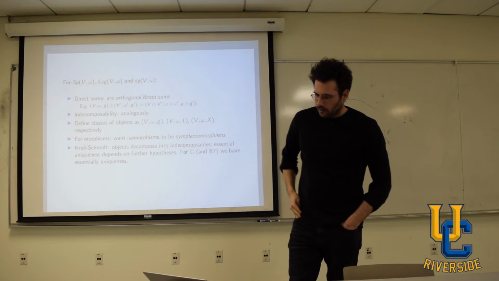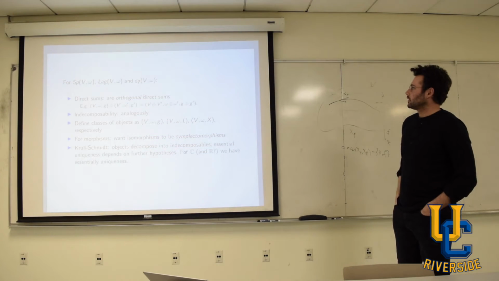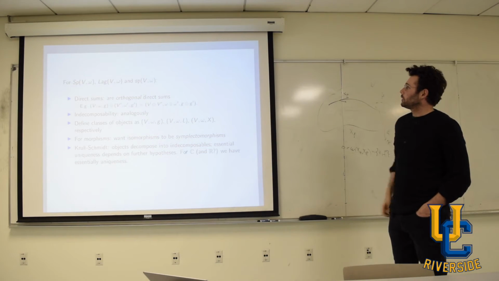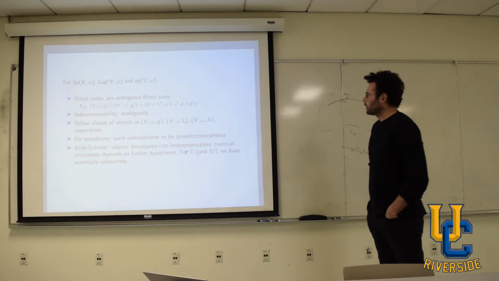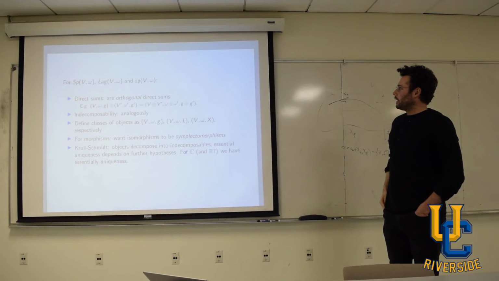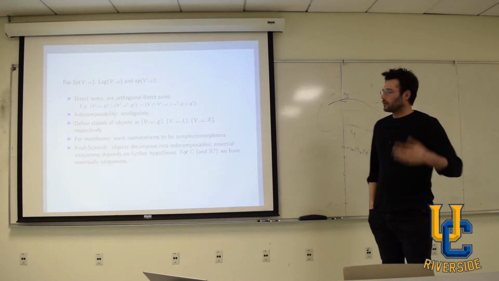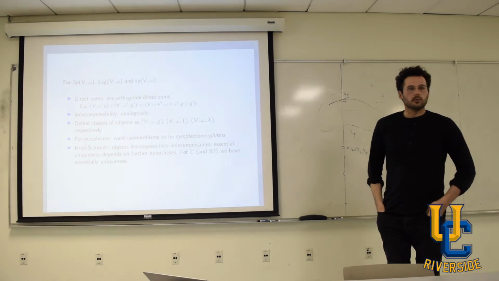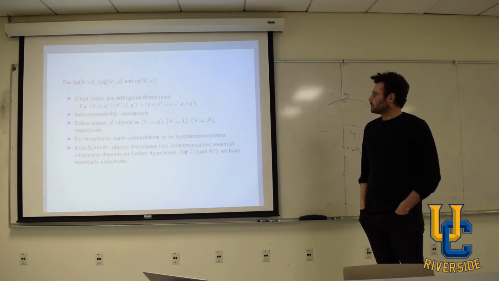Okay, so we have three symplectic classification problems: conjugation for the symplectic group, Lagrangian relations, and Hamiltonian vector fields, which we want to think about in the same way as we did now for endomorphisms. So we look at objects which are symplectic vector spaces together with a symplectic morphism, or together with a Lagrangian relation, or together with a Hamiltonian vector field.